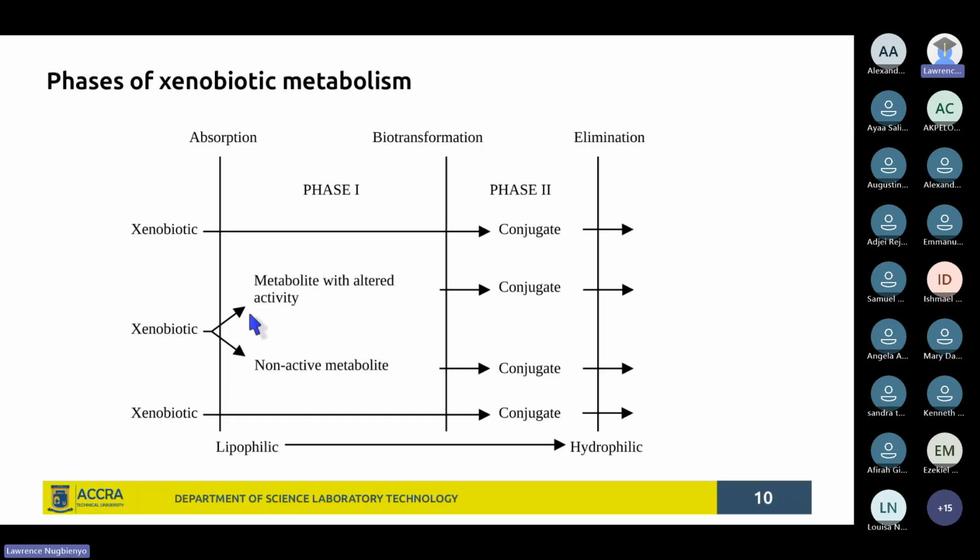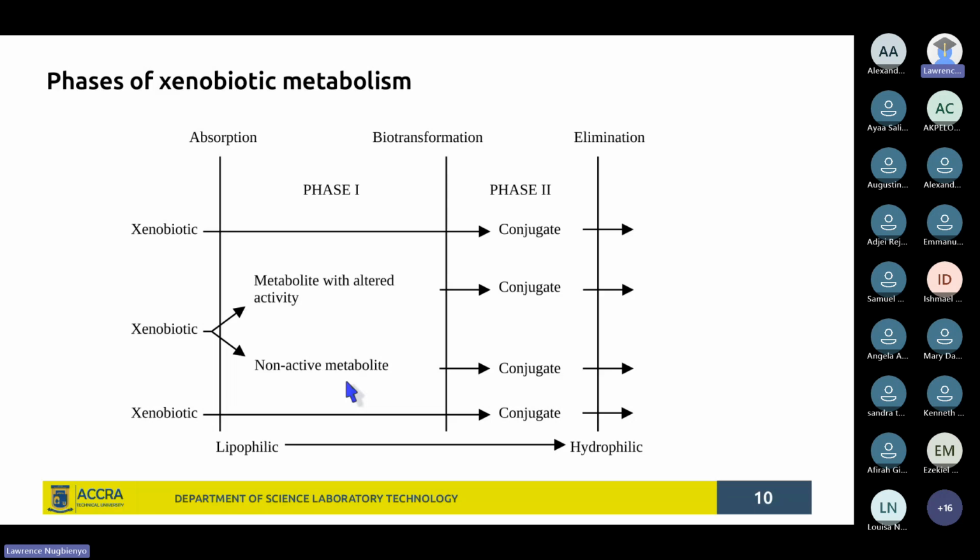I mean, other reactions occur, breaking down this substance, and the metabolites that are produced in this process can either have the activity of the substance lowered, or the activity rather gets increased. So there is some altered activity of the metabolite that is produced, or you can have the metabolite being non-active. That is to say, phase 1 has already detoxified the substance.